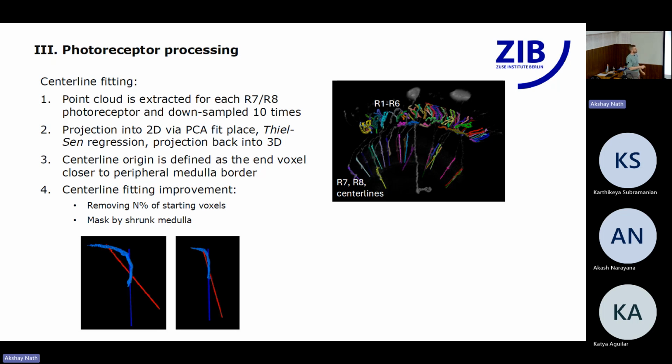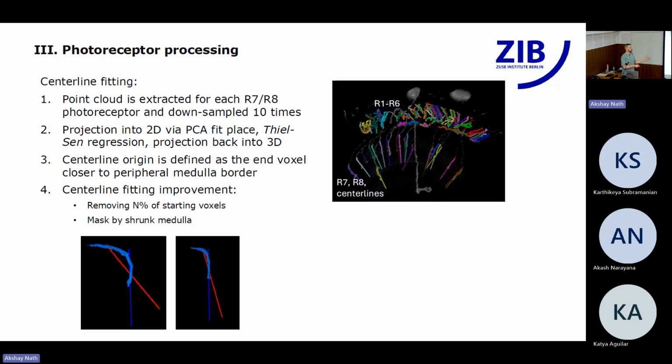So we end up with something like this. We have photoreceptors and then these center lines fitting them. As I said, we use the center lines for a reference. Each photoreceptor is going to have its own reference cylinder coordinate system, and this is their axis.